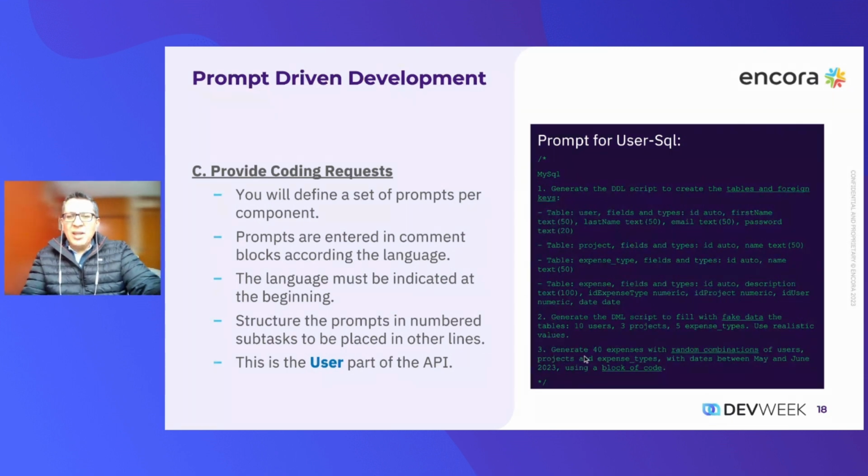The third one is to generate 4 expenses with random combination of users, projects, and expense types. Those are the ways that we are indicating to the model how we need to generate the code. Okay, you don't need to enter SQL language or code, just work at the level of the prompts.